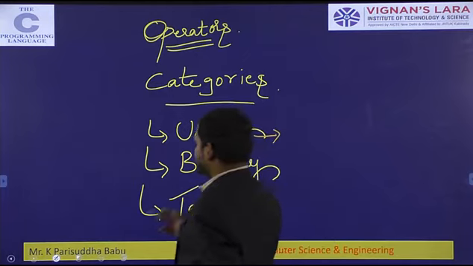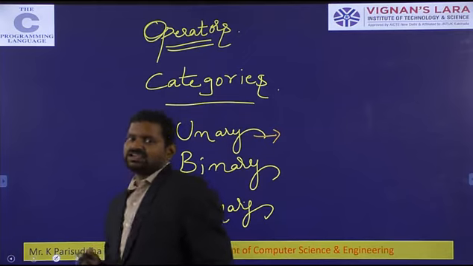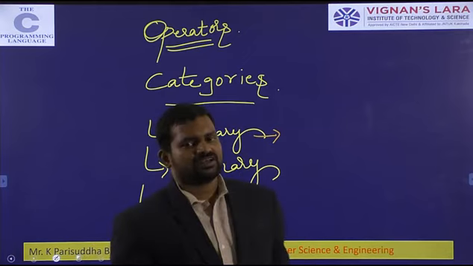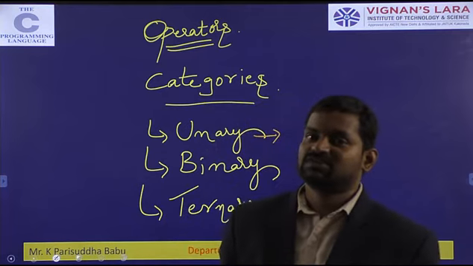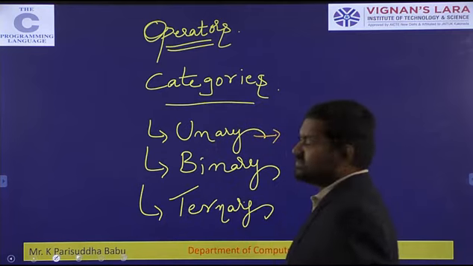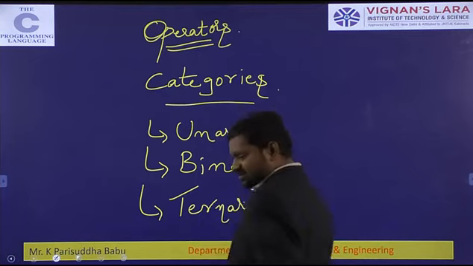Before going to unary, binary, and ternary, we have to see what an operator is, what an operand is, what the special symbols are, and what tokens are available in an expression.